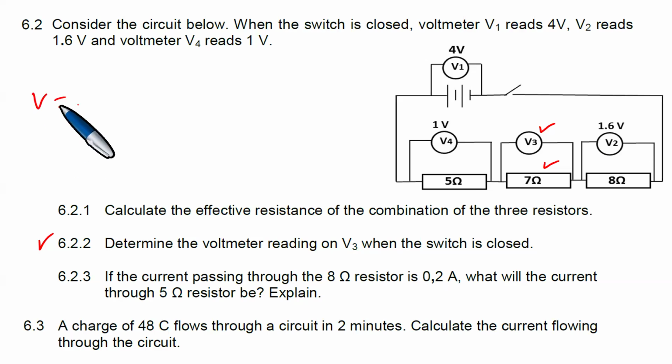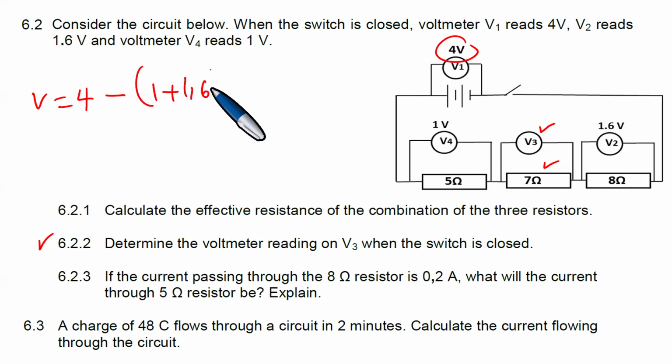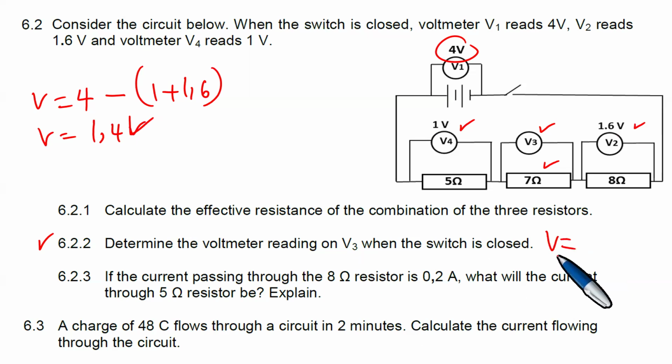We can find it by taking the total potential difference across the battery, which is 4 volts, and subtracting the 1 volt and the 1.6 volts. So from 4 we subtract 1 and 1.6 to get V3, which is 1.4 volts.